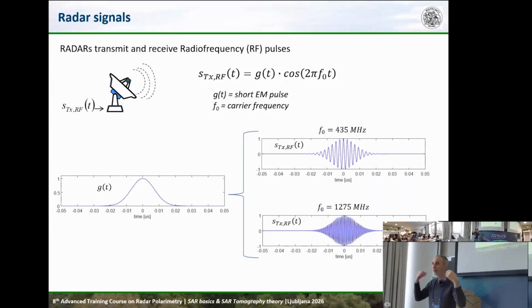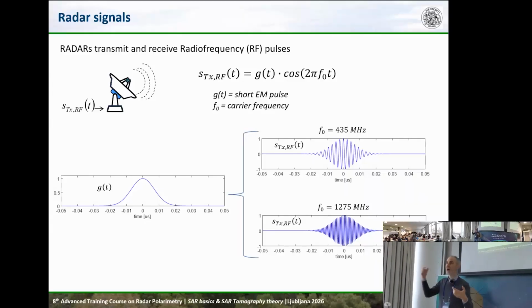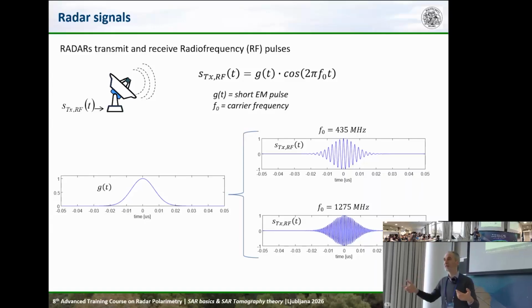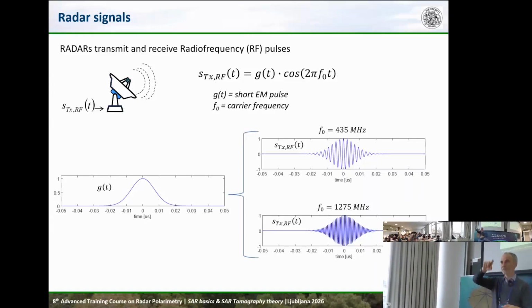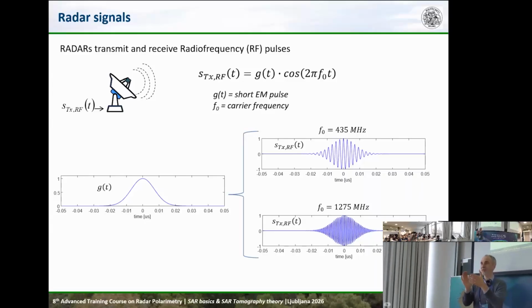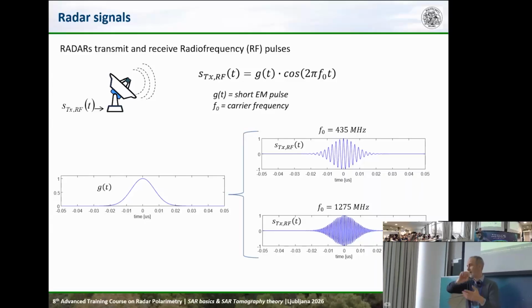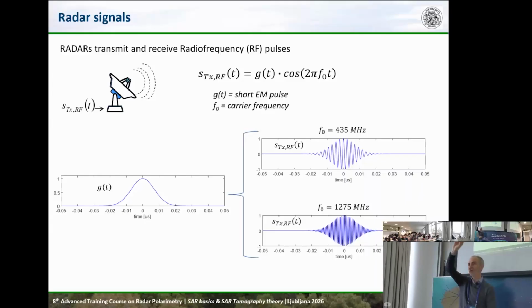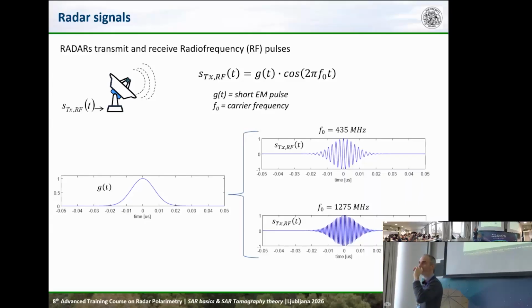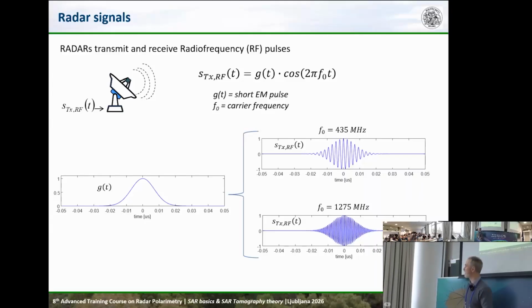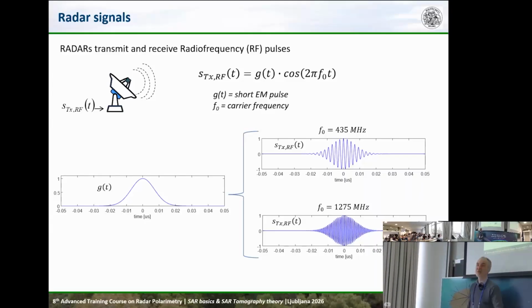What you are hearing is the acoustic equivalent of a radar signal, because it is something that is zero, then you hear a strong sound, so the intensity of the signal goes up and down, and this is also traveling at acoustic frequencies. If you can hear it, it is more or less between 20 hertz and a few kilohertz.